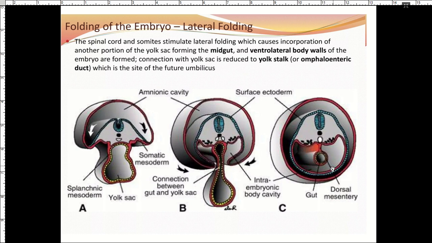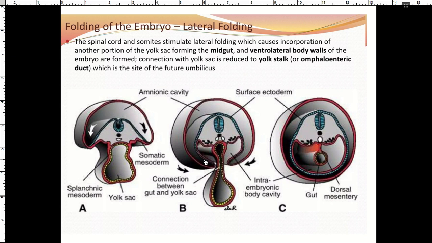The intra-embryonic cavity, right? The spinal cord and the somites are the ones that stimulate what you call lateral folding, which causes incorporation of another portion of the yolk sac from the midgut, right? You can see this is going to be your midgut, and then another portion is going to be incorporated, and the ventrolateral body walls of the embryo are formed.